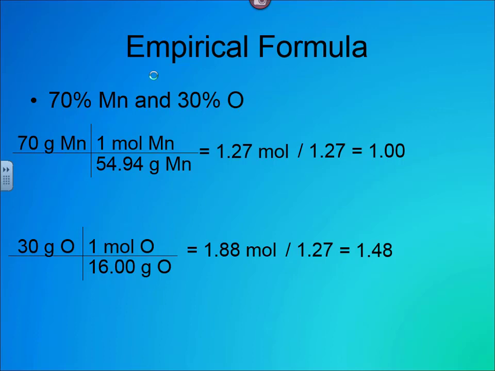It's almost 0.5. If you get one that comes out to be 0.5, it's not as simple as just rounding up or rounding down. The reason is because you're rounding too far. It's too much. That's not going to give you the right ratio of atoms in your compound. So we need to fix this.